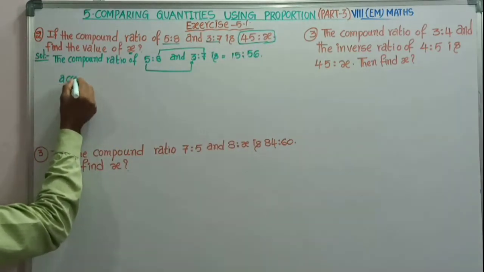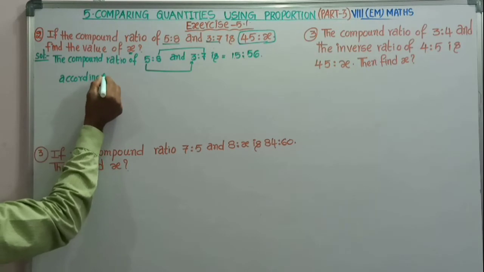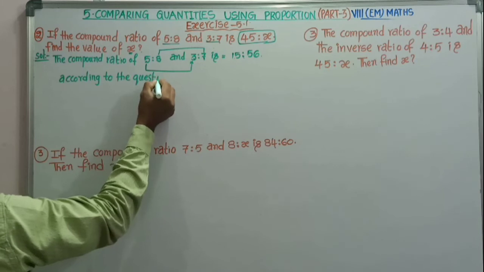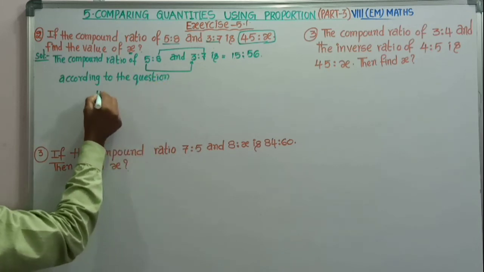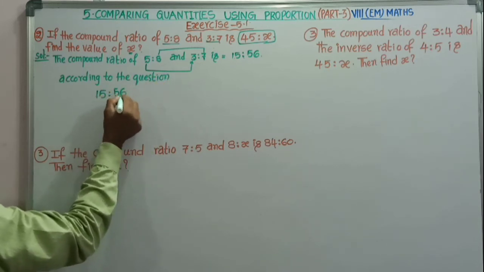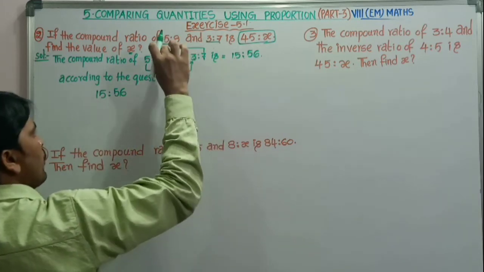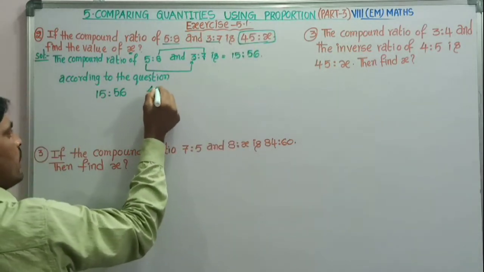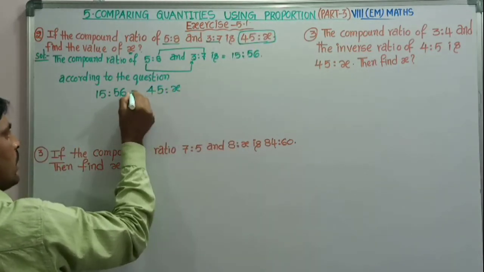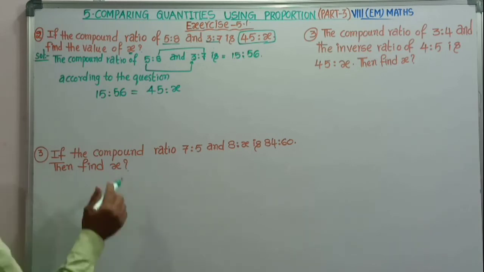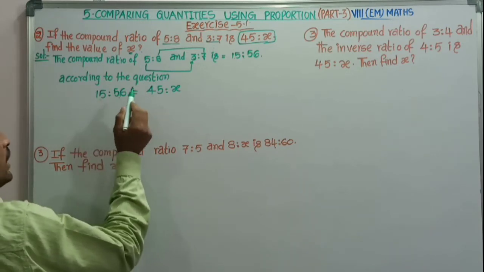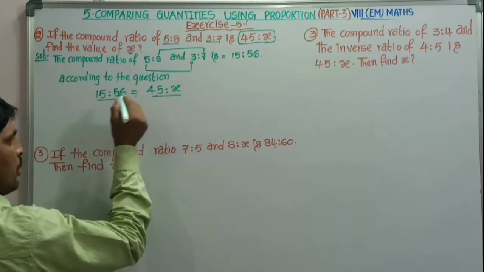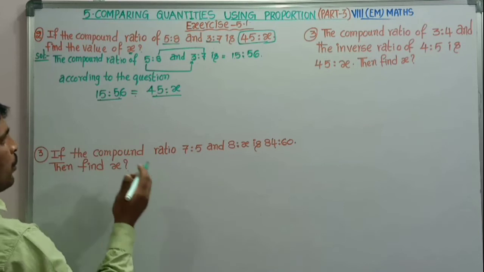Therefore, according to the question, 15:56 is the actual compound ratio of these two ratios. In the question it is given that 45:x. So both are equal. That is, 15:56 is proportional to 45:x. Since these two ratios are equal, these four terms are in proportion.